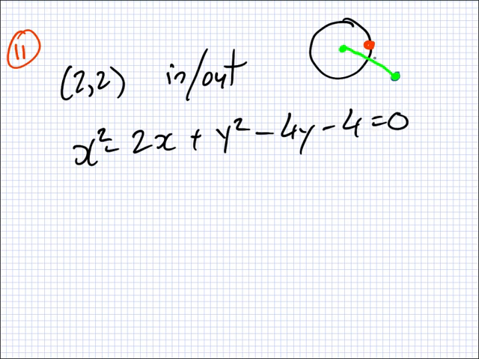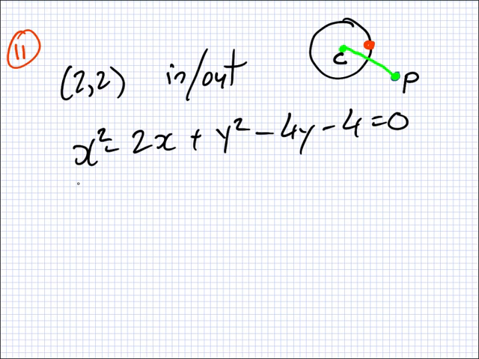If the distance is more than the radius, it must be outside. If the distance is less than the radius, it must be inside. That's the distance between the center and the point. Now again, you won't really get this question in the exam unless they ask what the distance between the center and the point is.